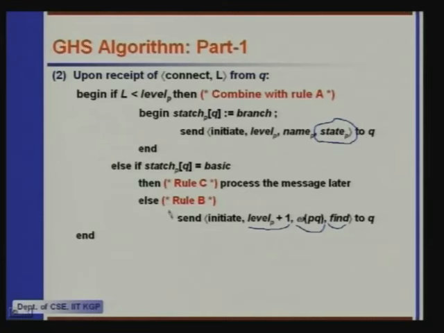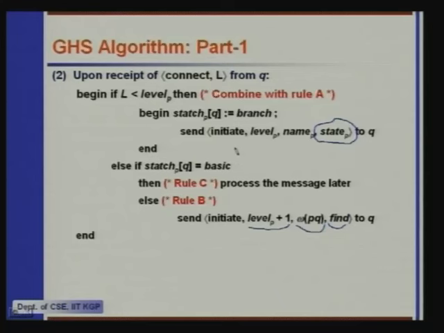See, in this case P will send this to Q and Q will send this to P. They will both have found that their least cost outgoing edge is this PQ, and they will change the status of the channel to branch.